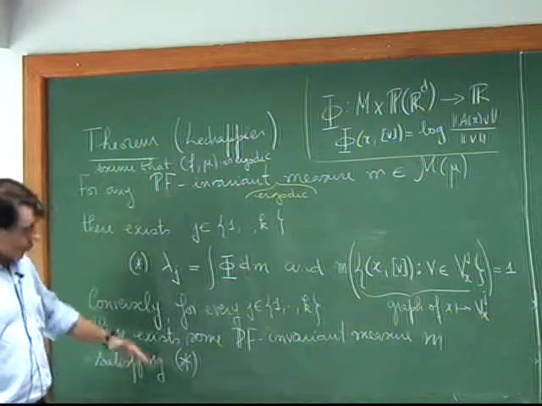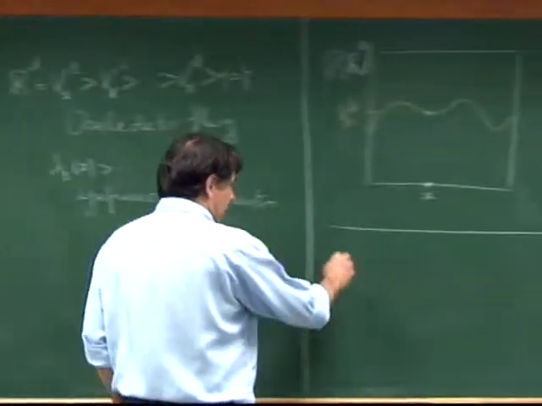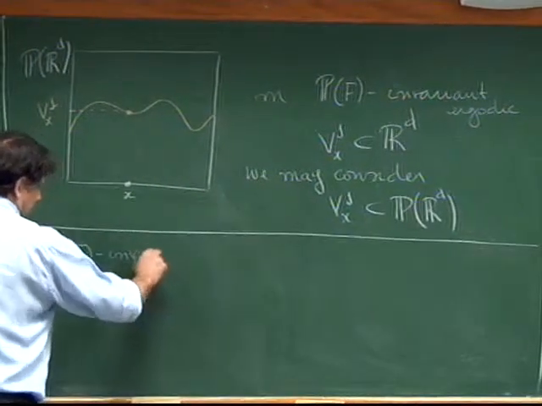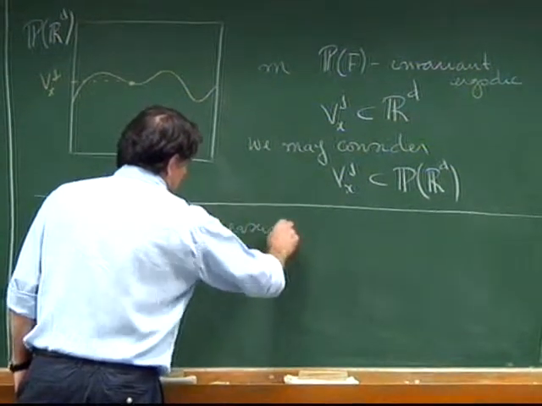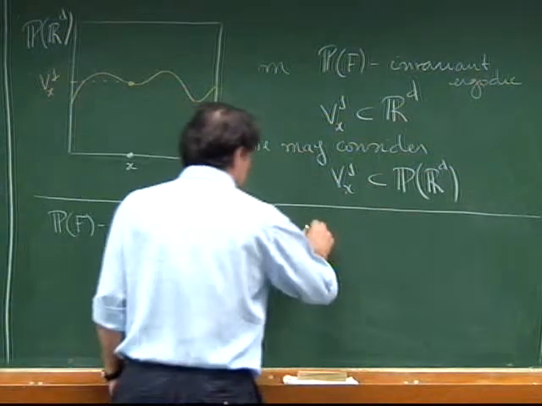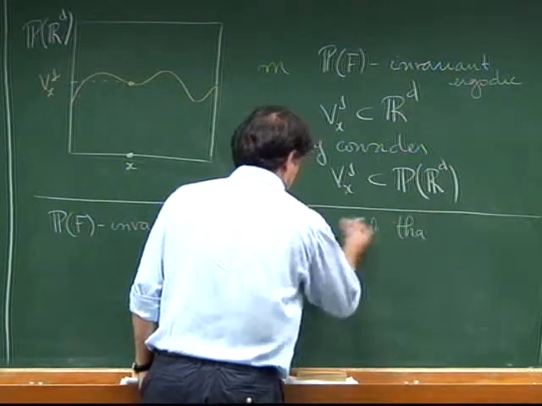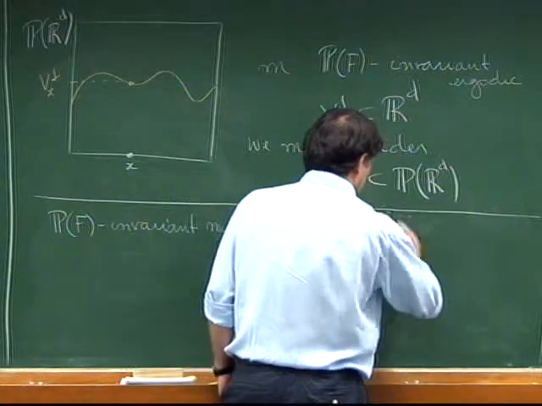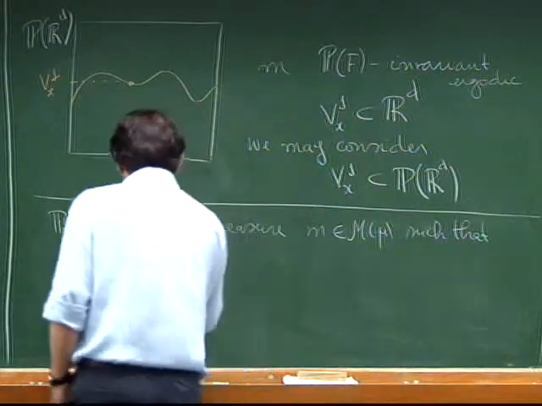So according to the second part of the theorem, there exists some PF invariant measure m that projects down to mu such that those two things happen.